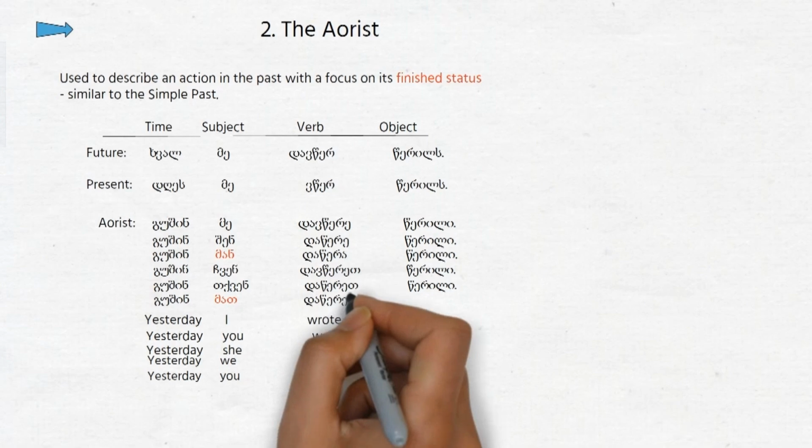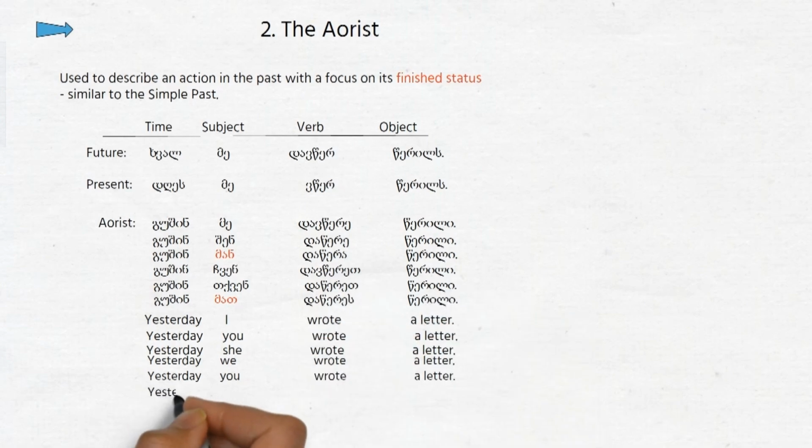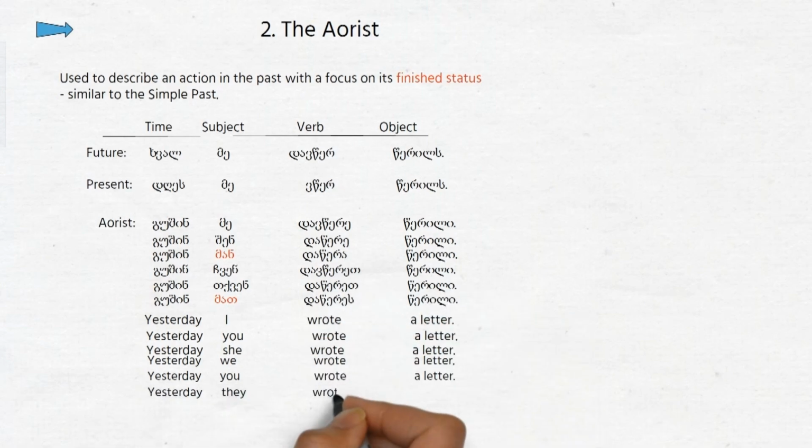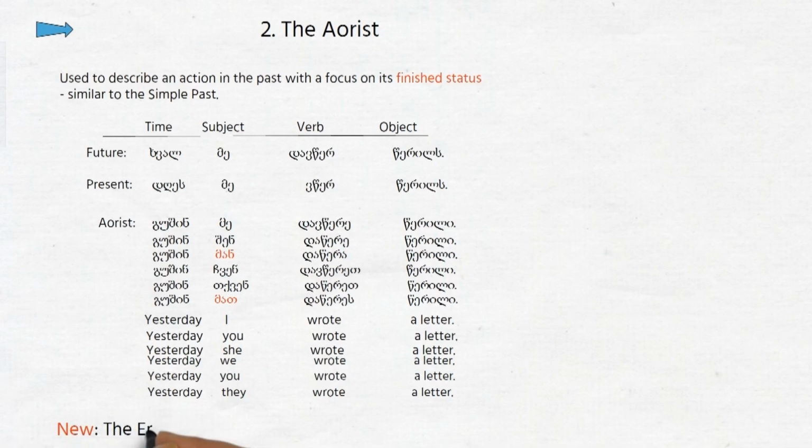And now again, third person plural. We have to remember to use a different word for the subject. So it is not isini, but mat das erist erili, they wrote a letter. So when learning the aorist, you have to be careful to use this ergative for the third person subjects.